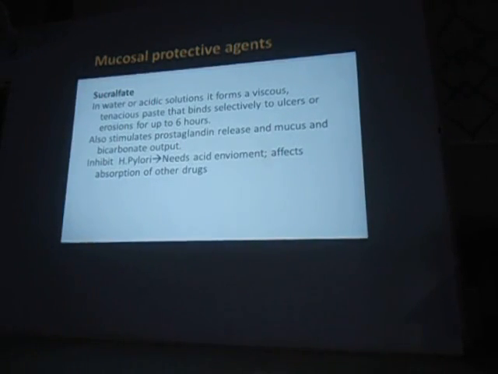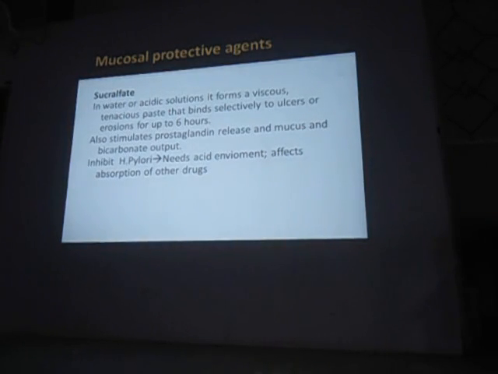So coming to the mucosal protectives, okay, they produce a layer around the gastric mucosa, and we primarily use them in cases of ulcers where we need protection for the eroded gastric mucosa. So what do they do? They are viscous and form a tenacious gel with water and acidic solutions.